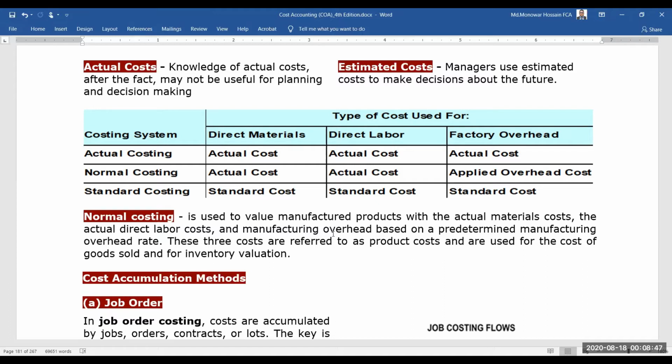Actual costing uses actual cost for direct material, actual cost for labor, and actual cost for factory overhead. Normal costing uses actual costing for direct material and labor, but for factory overhead uses applied overhead cost. And standard costing uses standard cost for all elements of cost: material, labor, and overhead.